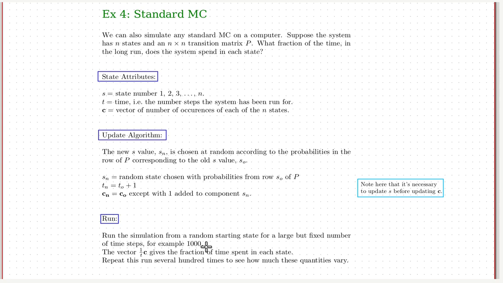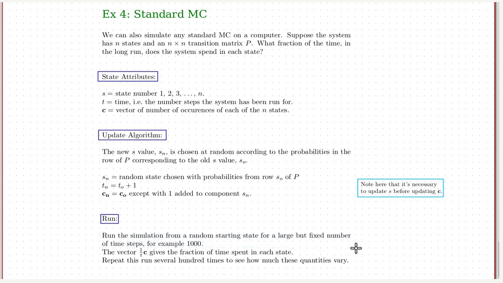Now, doing it for 1,000 time steps, that's still only one run of the simulation. That's just a single run of the simulation. But we've run it for 1,000 time steps, so at that point, we've got a pretty good indication of how much time the system is going to spend in each state in the long run, right?